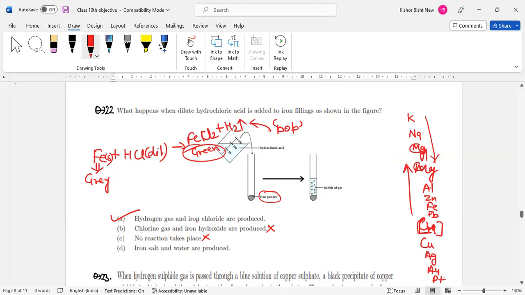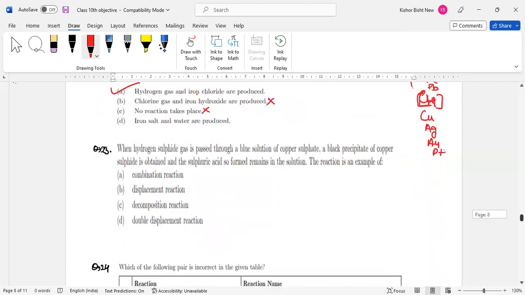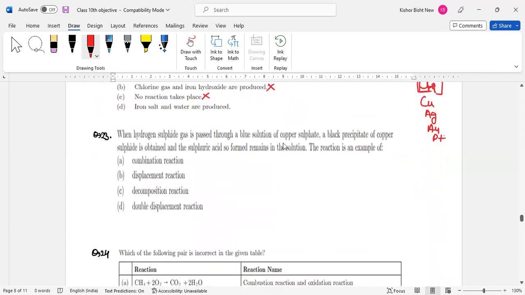Now, come to the next question. When hydrogen sulfide gas passes through a blue solution of copper sulfate, what happens? When H2S gas passes through an aqueous solution of copper sulfate, CuSO4, a black precipitate of copper sulfide, CuS, forms, plus sulfuric acid.